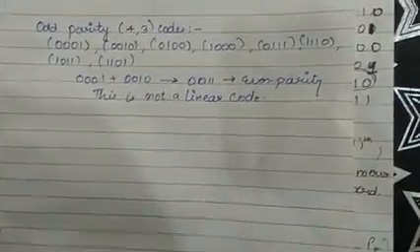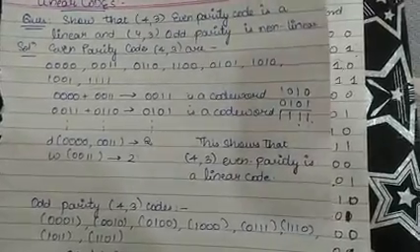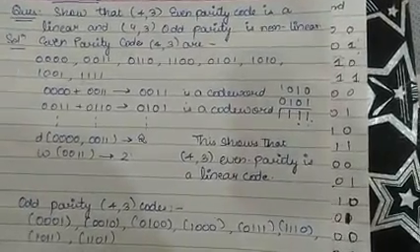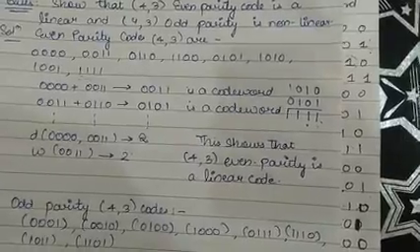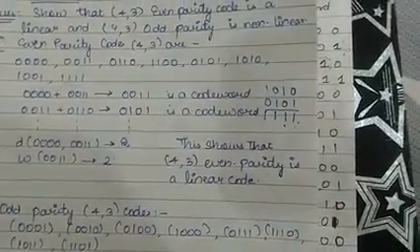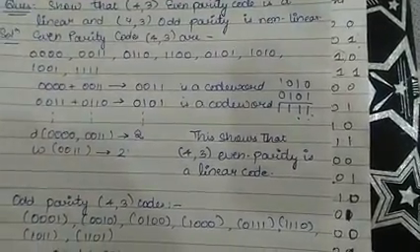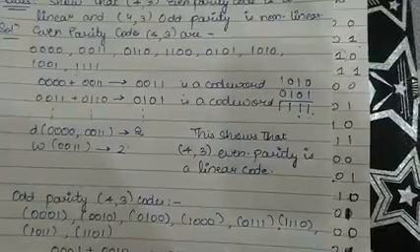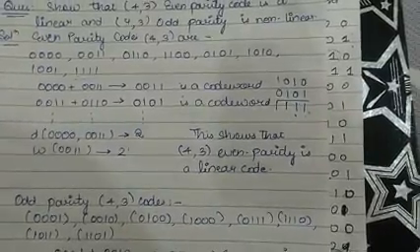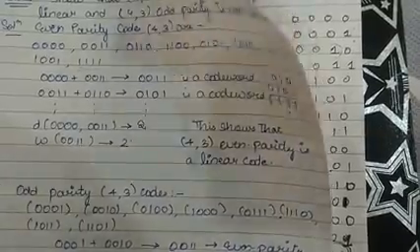Then we went through the second example where we have 4,3 and we needed to check that the even parity code is linear and the 4,3 odd parity code is non-linear. In the block code we had already found the even parity codes and the odd parity codes. By using those, I solved my problem.